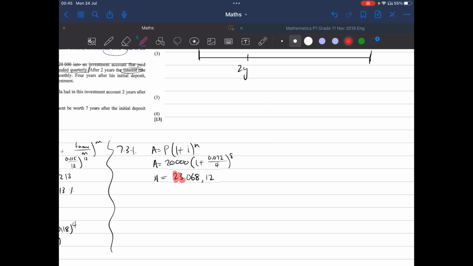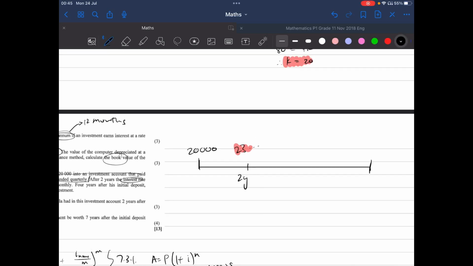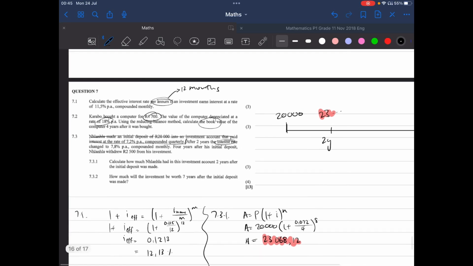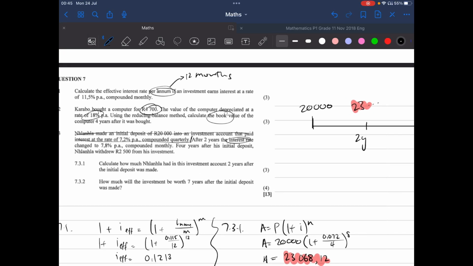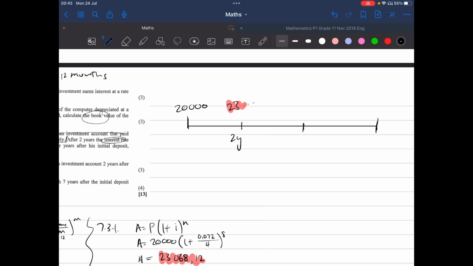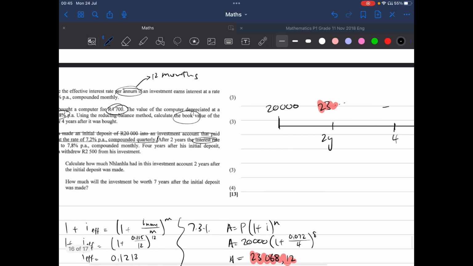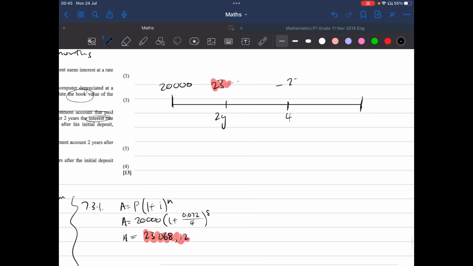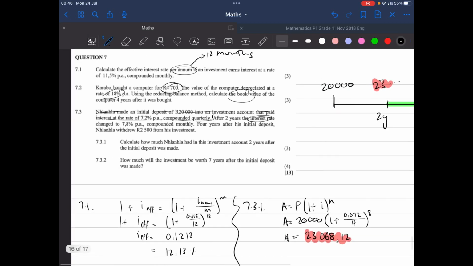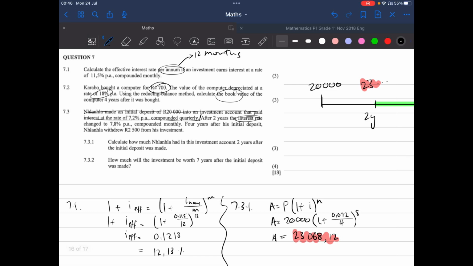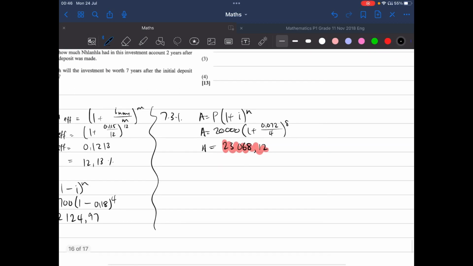Now, 4 years after his initial deposit, so at year 4, he withdrew 2,500. And we know that from 2 years onwards, the interest rate changed to 7.8% compounded monthly. Okay, so now let's work all this out.